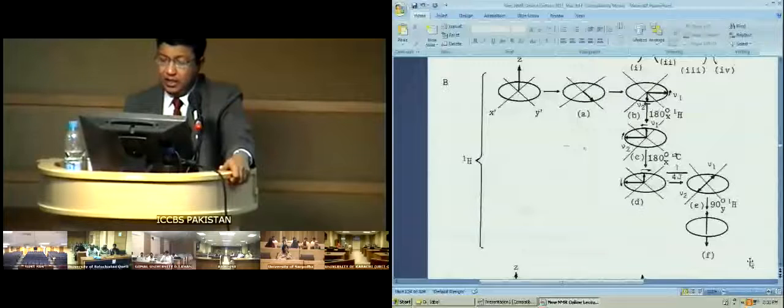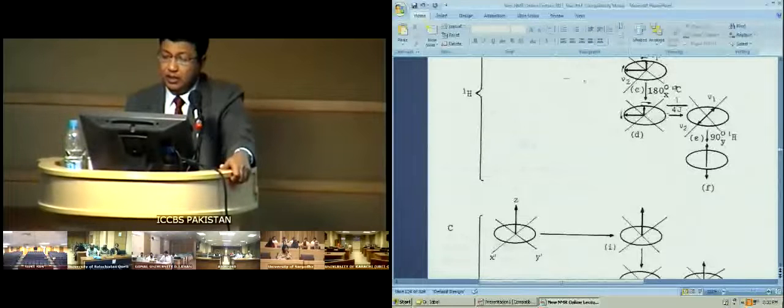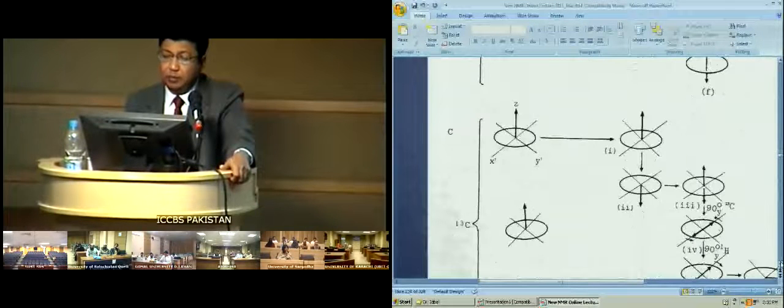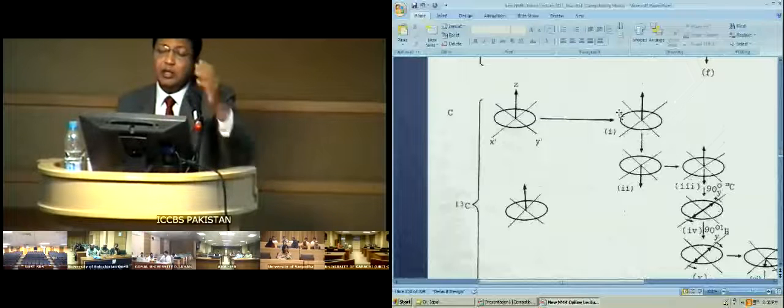Now remember, at this point of time, this is your magnetization vector for carbon, your nucleus of interest. This is the one you want to read.